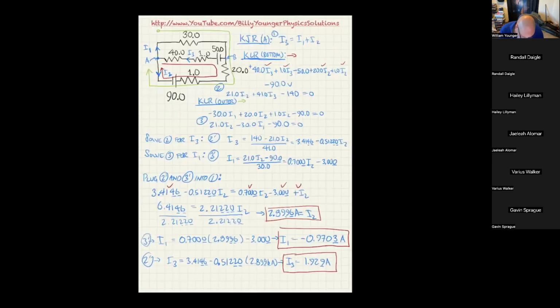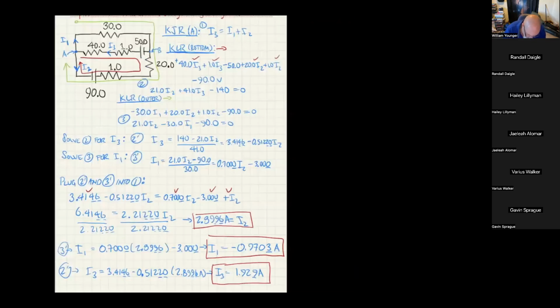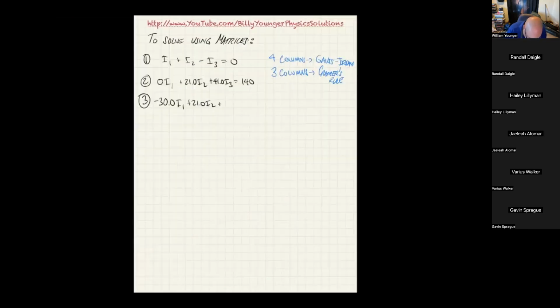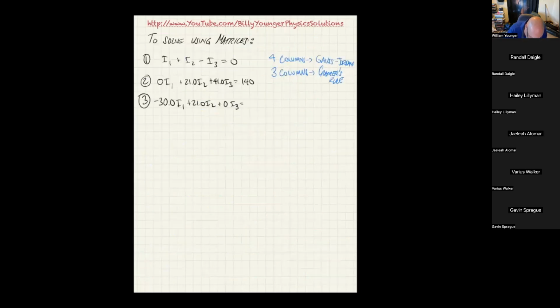That was 21.0, wasn't it? Yes. And then there is no I3 in this one, so we're going to put plus 0 I3. And then all that is equal to 90 on the other side. So notice I just wrote all the same equations, just very specifically, so we can keep track of sig figs.